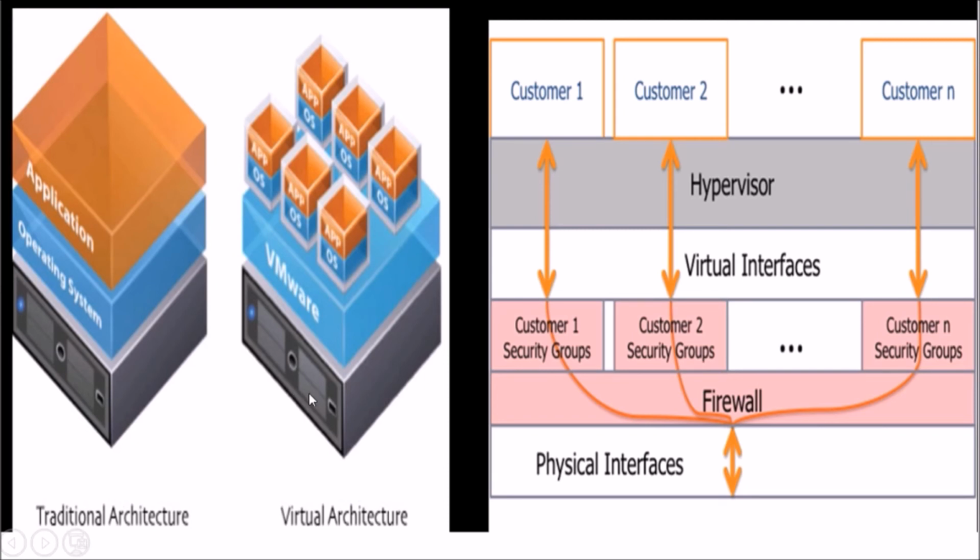But in virtual architecture, the physical device is first converted into a virtual server like VMware, and on top of VMware, with the help of a hypervisor, we create different virtual machines and assign them to different customers. On the right-hand side we can see different customers accessing the same physical machine using a hypervisor, and these security groups are firewalls inside AWS, which we will learn about in later videos when we learn about EC2.